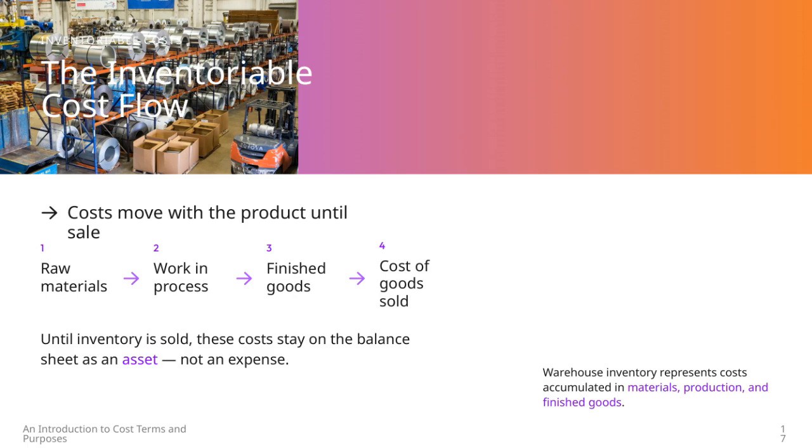It's important to know that these costs remain on the balance sheet as an asset until the product is sold. Only when the inventory is sold do these costs become an expense, known as the cost of goods sold. So, the warehouse inventory you see represents accumulated costs from materials, production, and finished goods, all waiting to be sold. This flow of costs is fundamental to understanding how manufacturing expenses are tracked and reported.